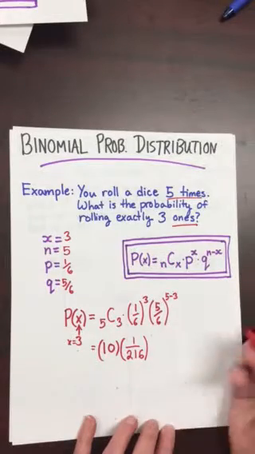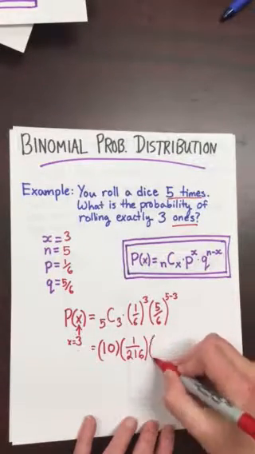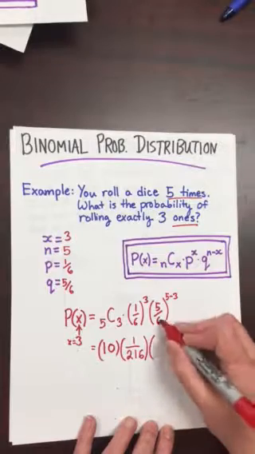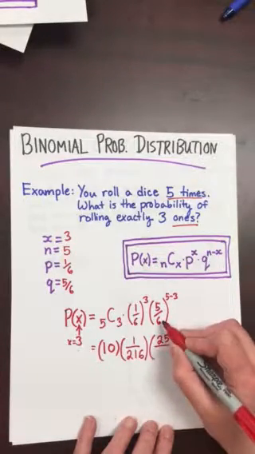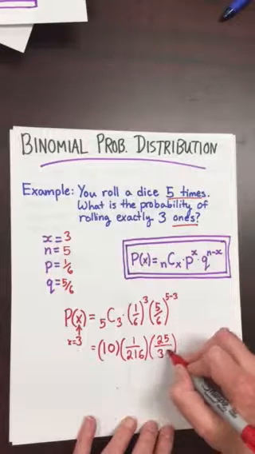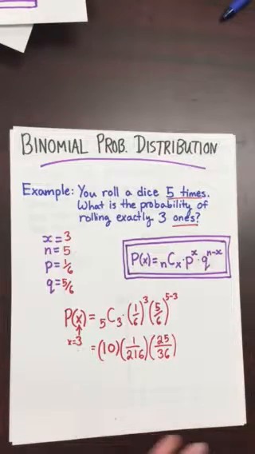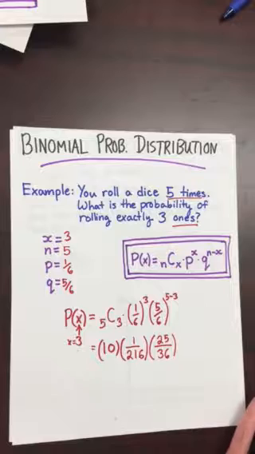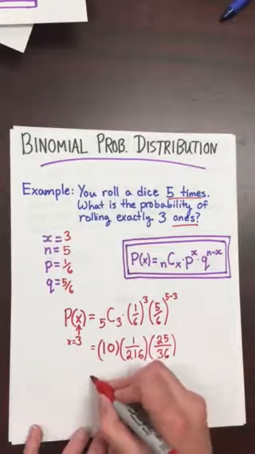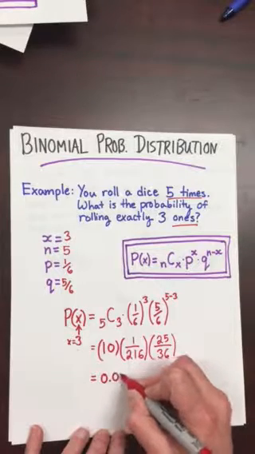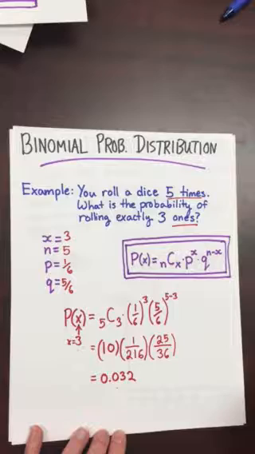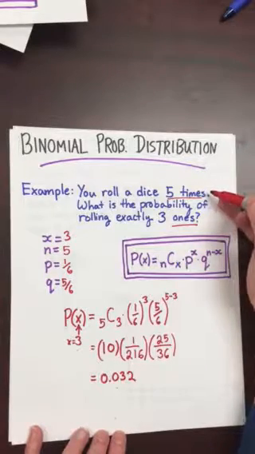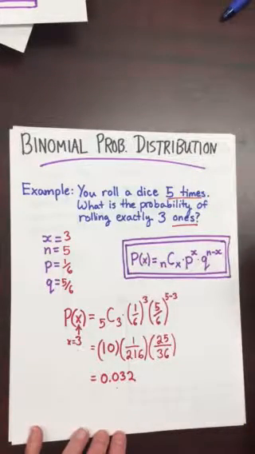And 5 in 6 to the power of 2, right, 5 minus 3, is going to be 5 squared, which is 25, over 6 squared, which is 36. Okay, we get to multiply that all out, and we get 0.032. So the probability of getting exactly 3 ones when you roll a dice 5 times is 0.032.